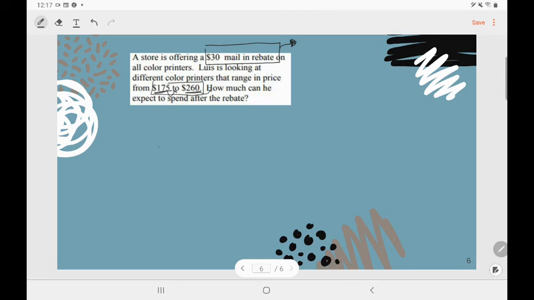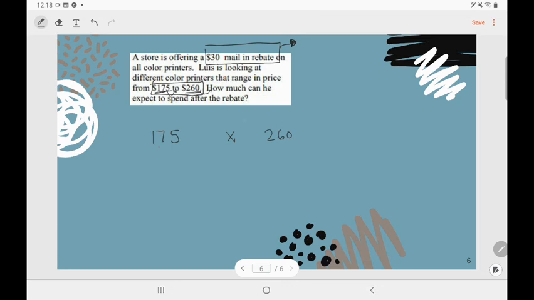Because they give us this range, we're going to assume that this is an "and" inequality. Remember, for "and" inequalities, I can write 175, x in my middle, and 260. Now, I'm going to need to add one thing to my story problem.